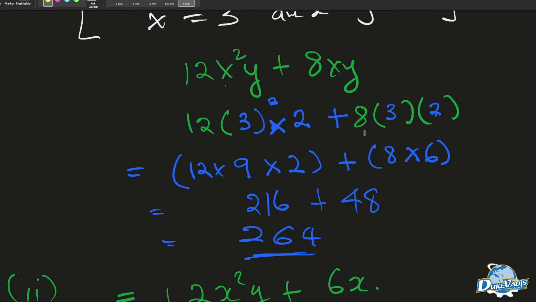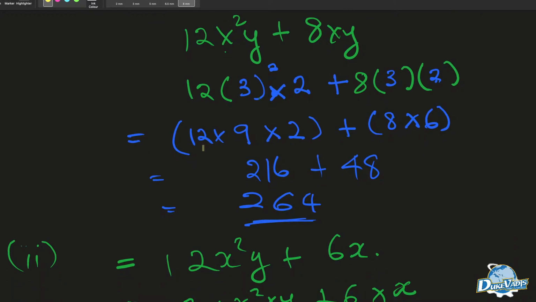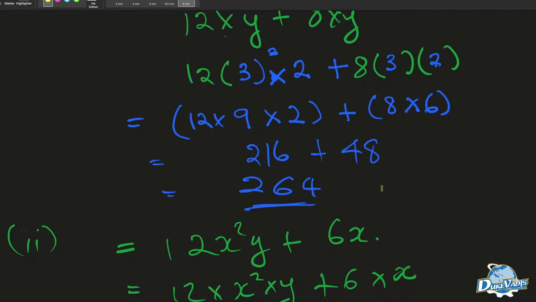And also we know that 3 times 2 gives us 6. So we say 8 times 6. Now, we multiply 12 by 9 times 2, and we have 216. Okay, plus 48. And when we add it together, our answer is 264.